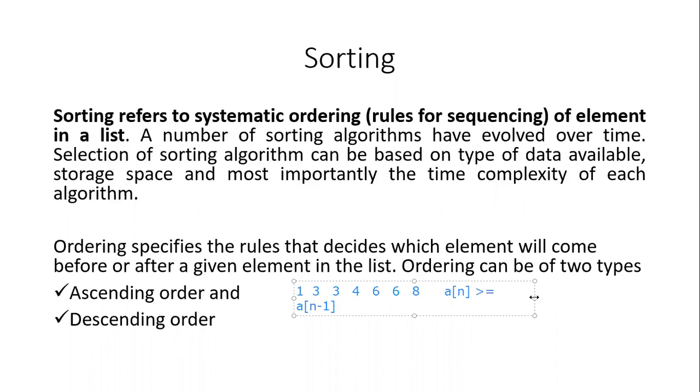So if this rule is satisfied, that means your list is in ascending order: the element at a of n is greater than or equal to the element at a of n minus 1.